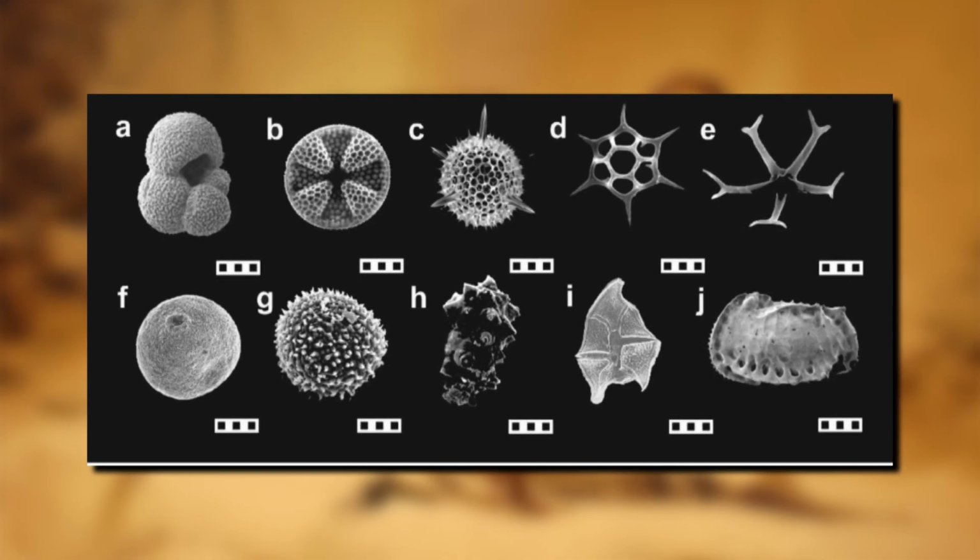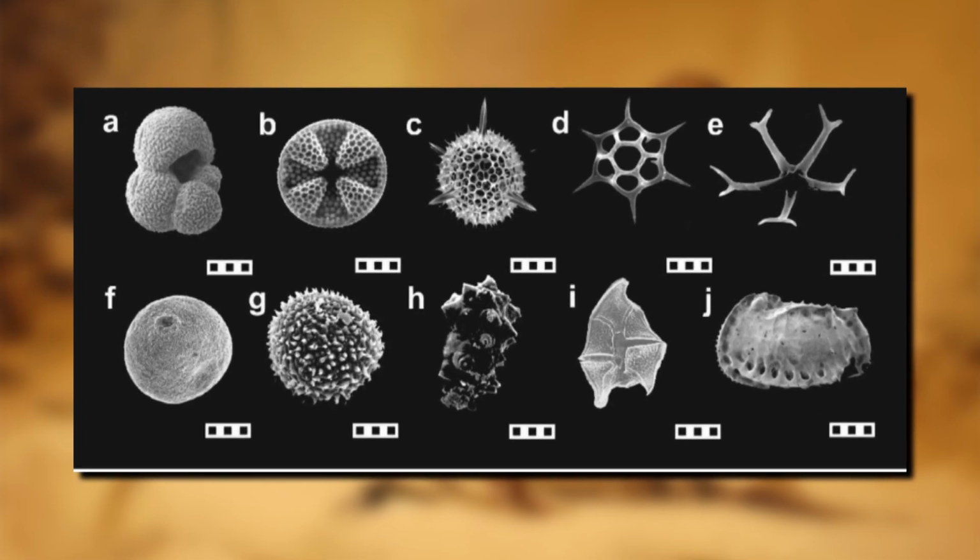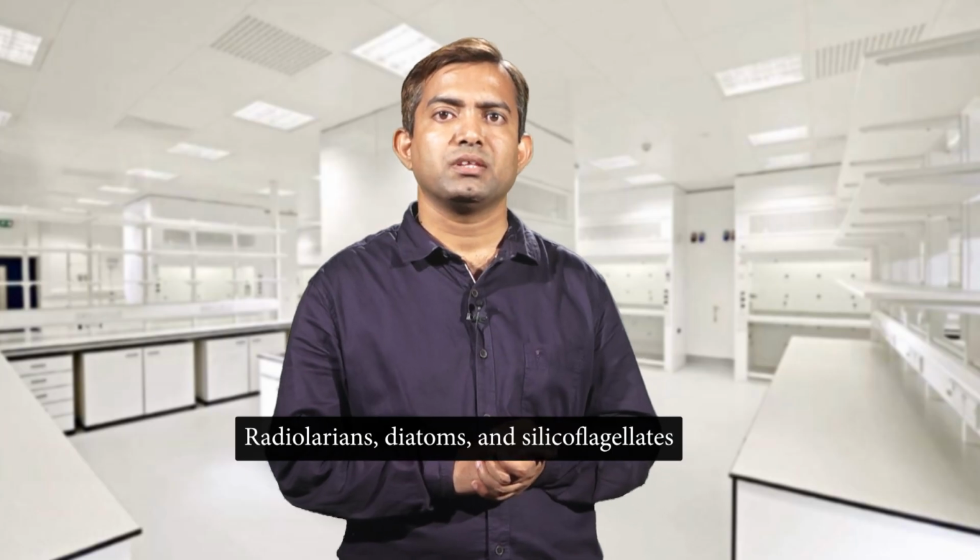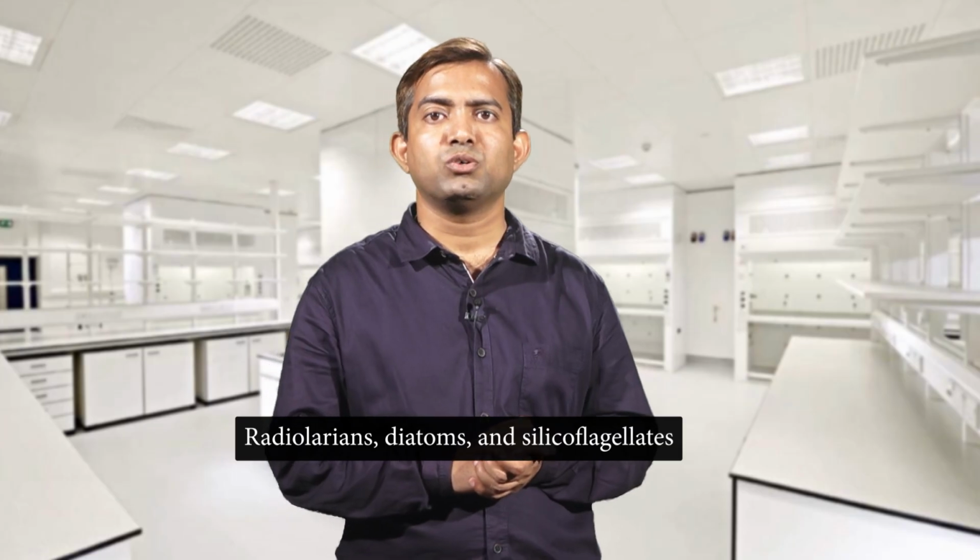There are three major groups of siliceous microfossils: radiolarians, diatoms, and silicoflagellates. Radiolarians are planktonic protists that occur primarily in open marine deep water settings. They are useful time indicators and are found in rocks of Cambrian to Holocene in age.